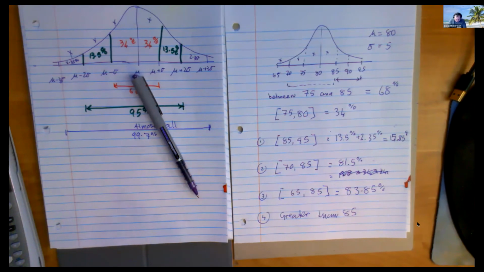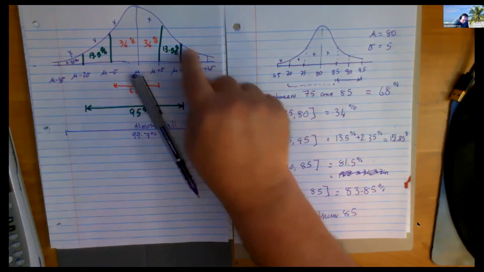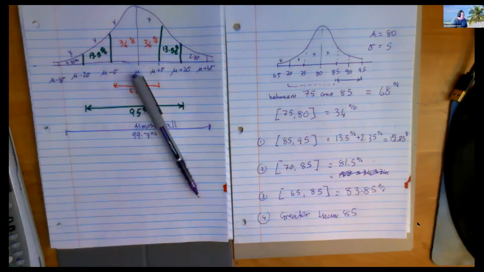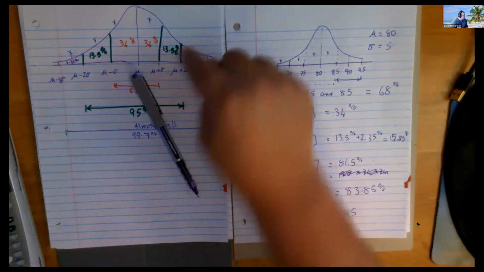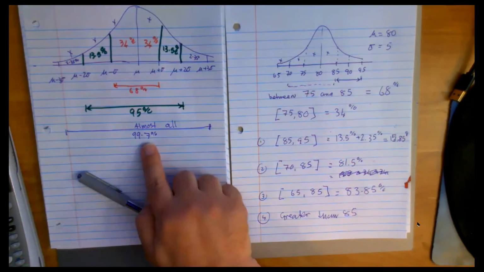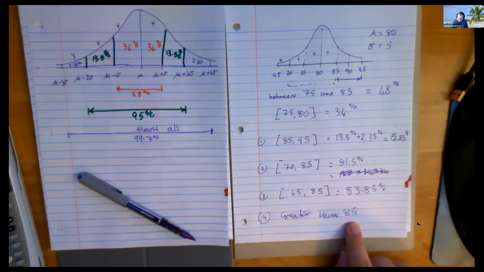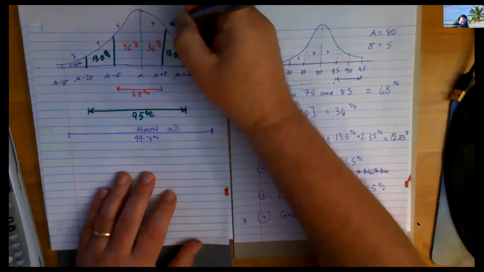But in this case, that's not a good idea, because technically, if you add up all of those, it doesn't add up to 100. So if you add up all those pieces of cake, what percentage does it add up to? 97.7.